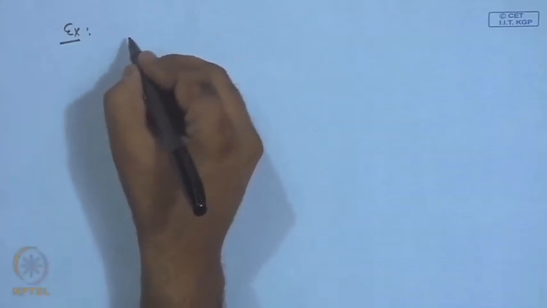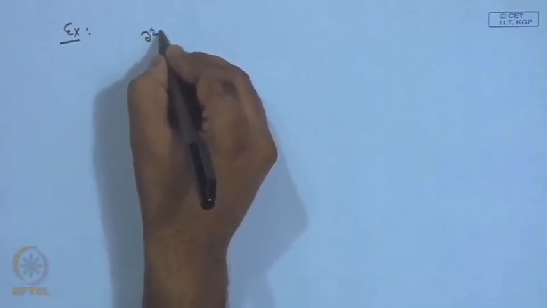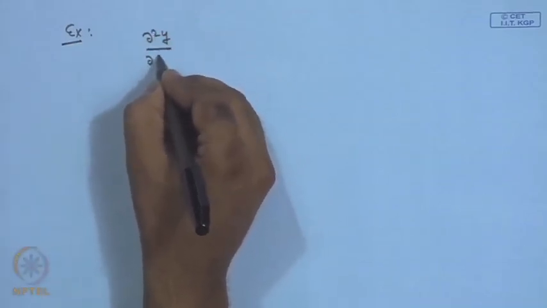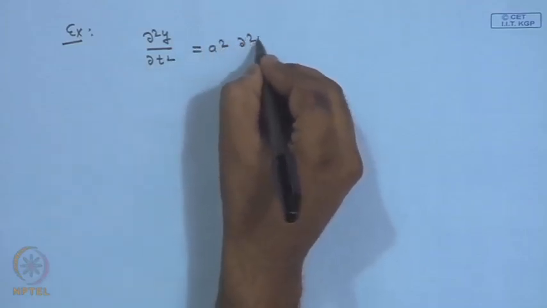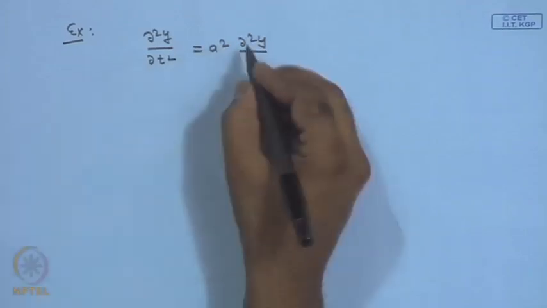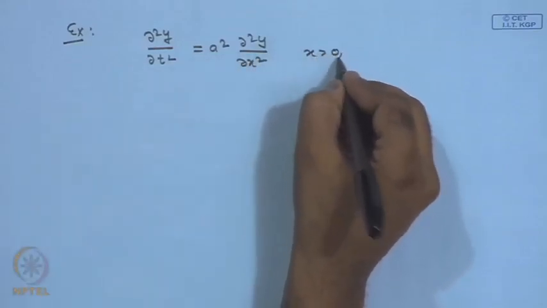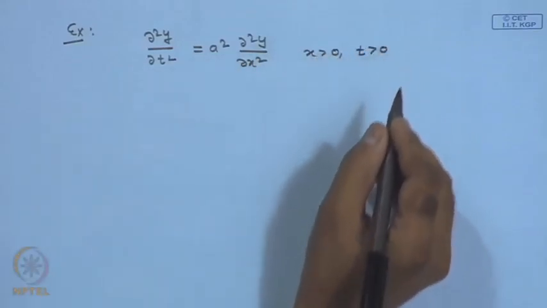Now, we consider the example of the one dimensional wave equation, that is del 2 y over del t square is equal to a square del 2 y over del x square, where x is positive and t is positive.